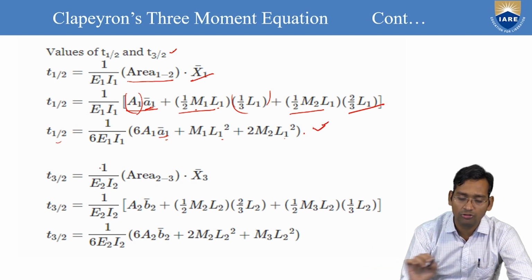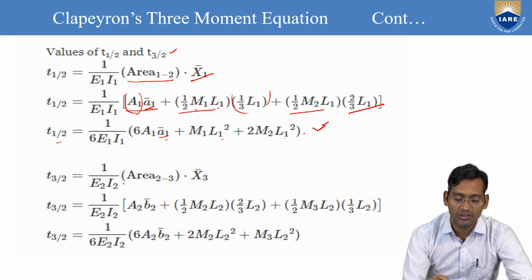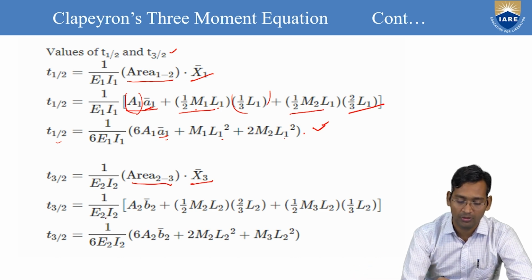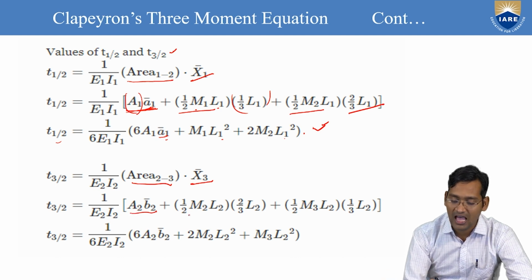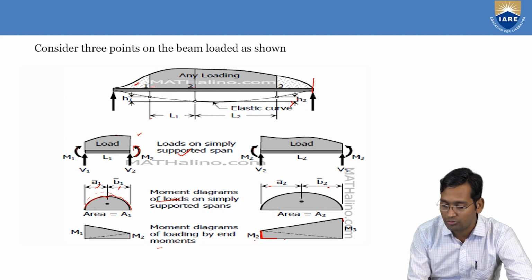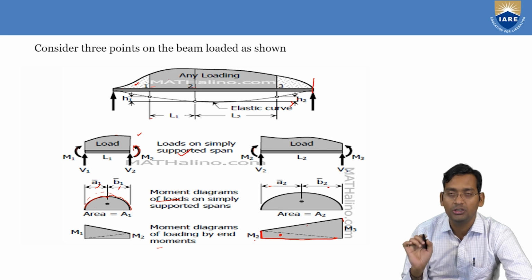In a similar way, now T3 to 2. So 1 by E2 I2, area of 2 to 3 into x2 bar, where the CG of that lies. So A2 x2 bar plus half M2 L2, and if we take 1/3 on this side, then for this one it will be 2/3.